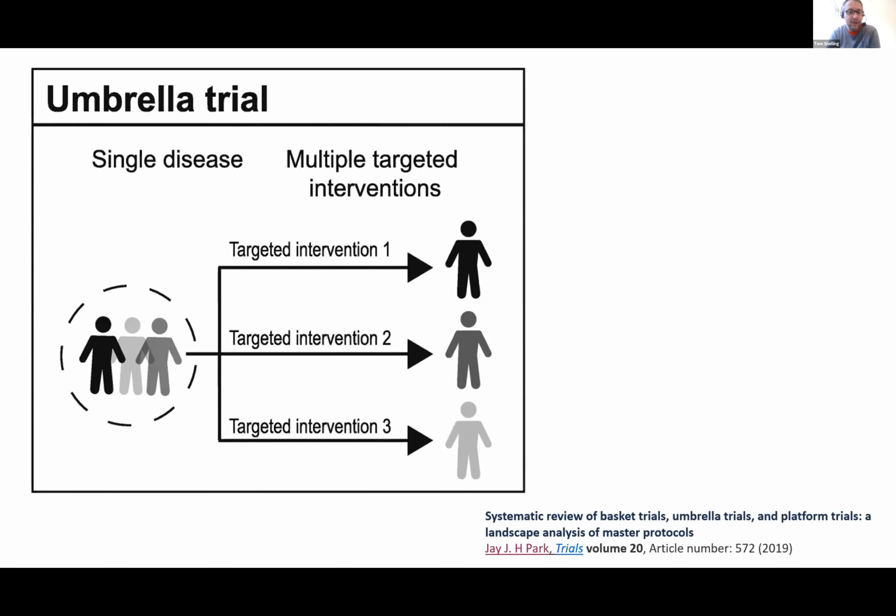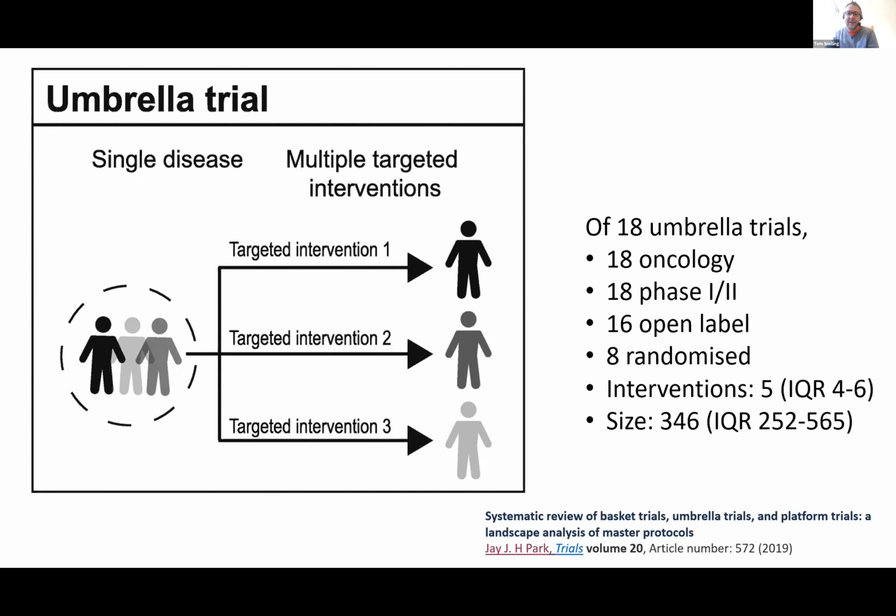Rather than having a single drug with multiple disease targets, you're coming at it from the perspective of a single disease, and you've got multiple potential drug candidates, and you want to either evaluate each of those candidates against each other or against the standard of care, or you might have different patient subtypes with that specific disease, with that particular cancer, for example, or whatever disease is of interest, and you might target those different candidate drugs to the specific subtypes.